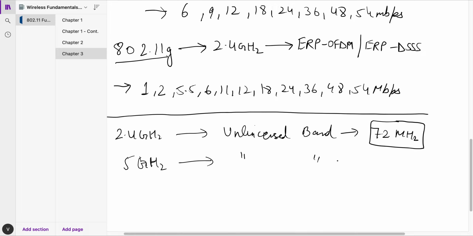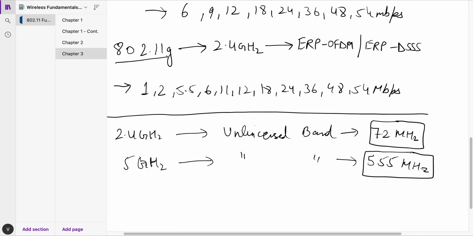as compared to approximately 555 megahertz of bandwidth in 5 gigahertz, which is way higher than what we get in 2.4. Plus, we have the other stuff like baby monitors, microwaves, Bluetooth devices also running on 2.4, which makes it really difficult for us to send traffic without any problem in 2.4, and hence people move to 5 gigahertz now.